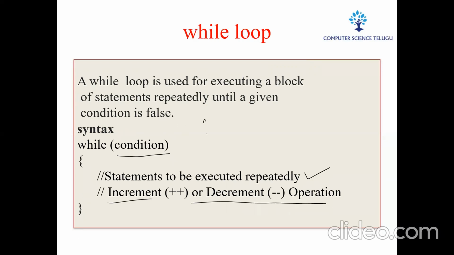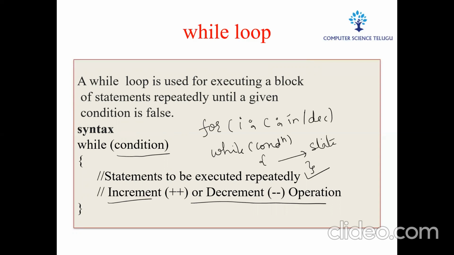Remember, in a for loop we use initialization, condition, increment or decrement, but in a while loop we use while, condition, then open bracket, close bracket. Here we have the statements to be executed, and the increment or decrement. So there is a difference between the for loop and the while loop.